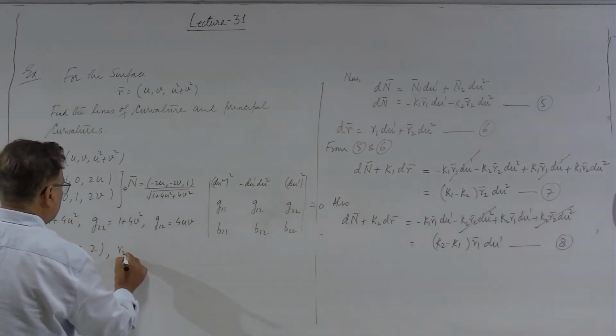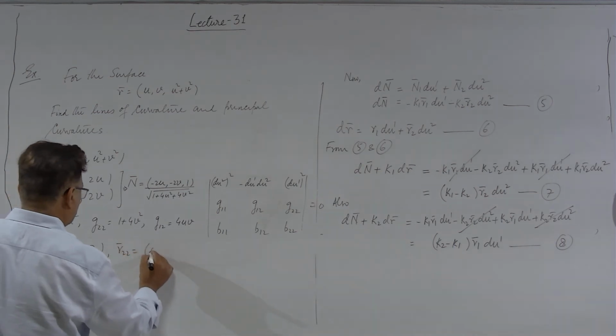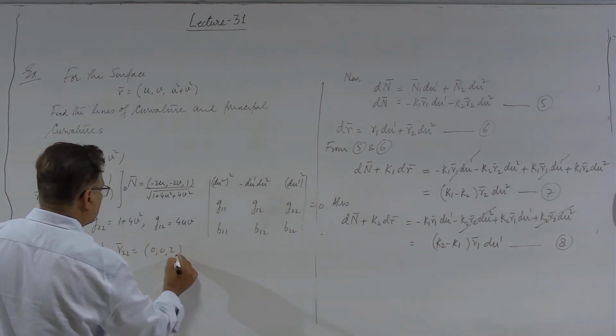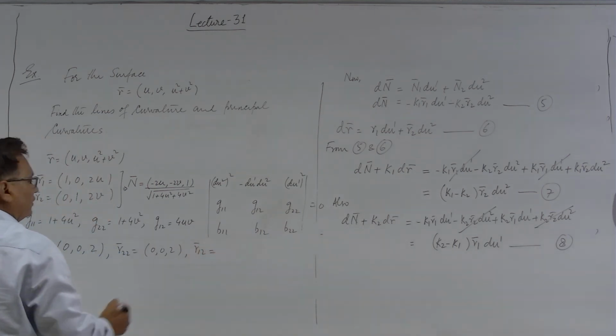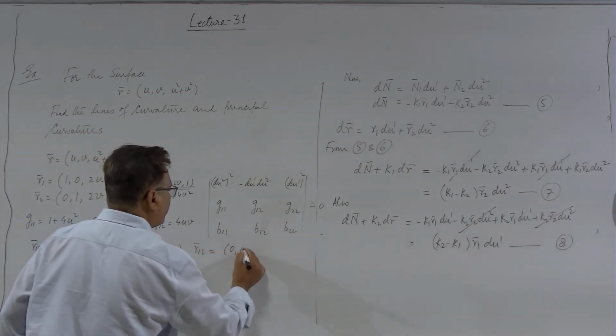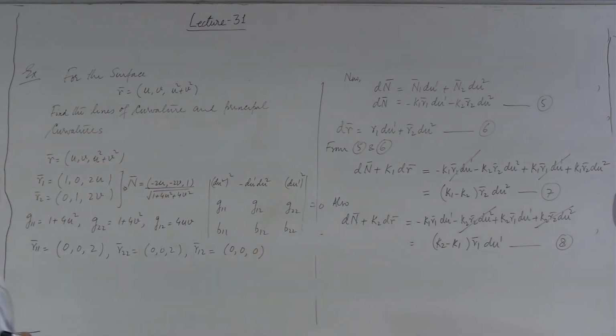R22 similarly is 0 0 2, and R12 is simply 0 0 0. These are Rij's. Now, I can work out Bij's.